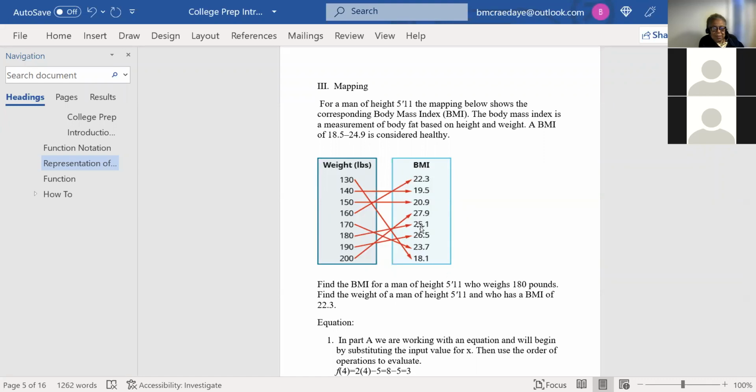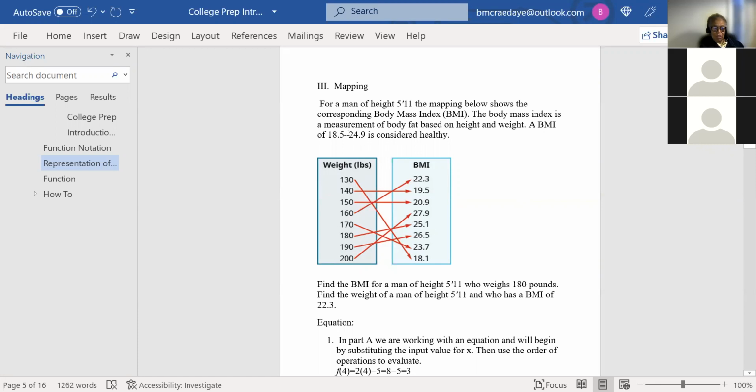Okay. Chastity, if I had a BMI of 22.3, what's the weight of the man? 160. That's right. It maps to 160. So that's how you can use the function in mapping, right?